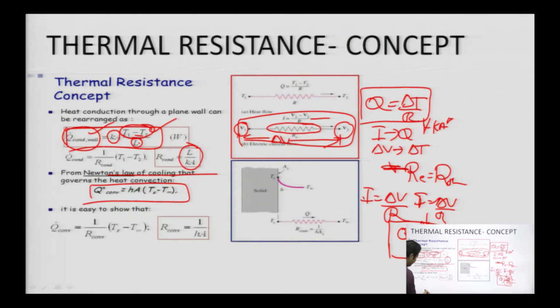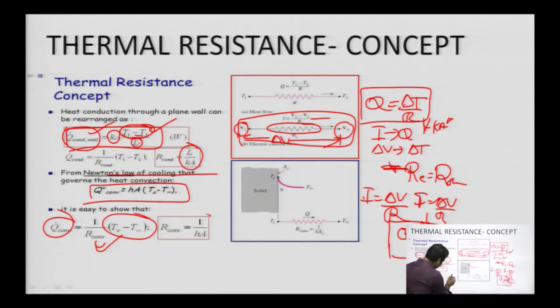This is the delta T, this is the Q. So what's remaining is R convection, which is 1 by hA. If you put it in that format, you will get the thermal resistance for convection. This is the thermal resistance for conduction. So this is how you do it. This is a solid wall.